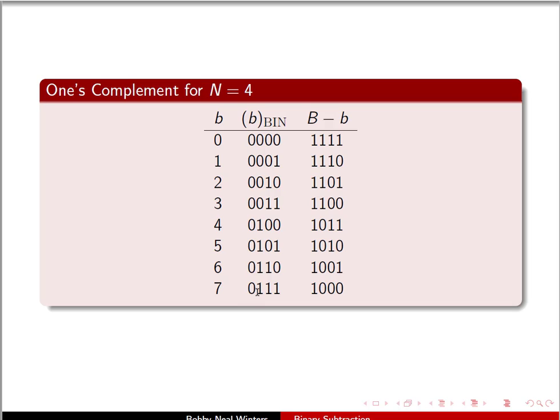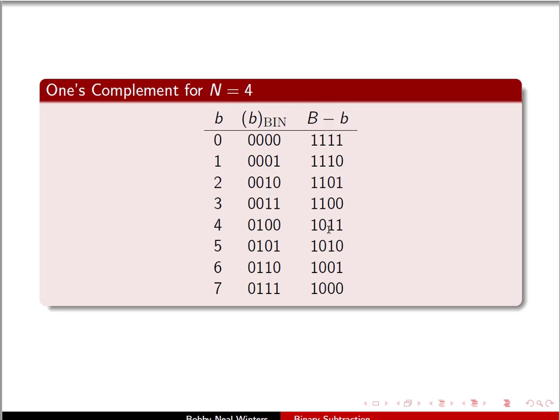It looks wasteful because we still have that 0 at the top, but that 0 is being held for a special purpose. And so we go over to this other column, which I have as capital B minus little b. Now the capital B stands for all ones. So capital B minus 0 gives me all ones. Capital B minus 1 is 1, 1, 1, 0, and so forth.